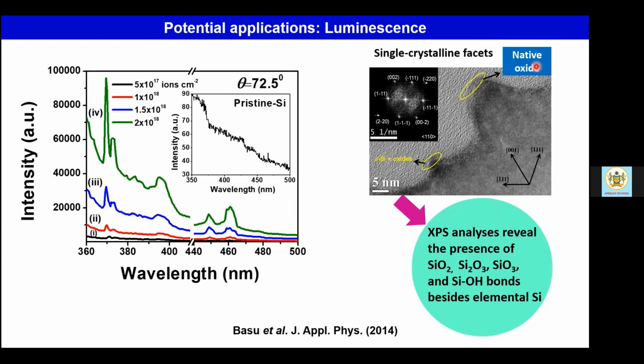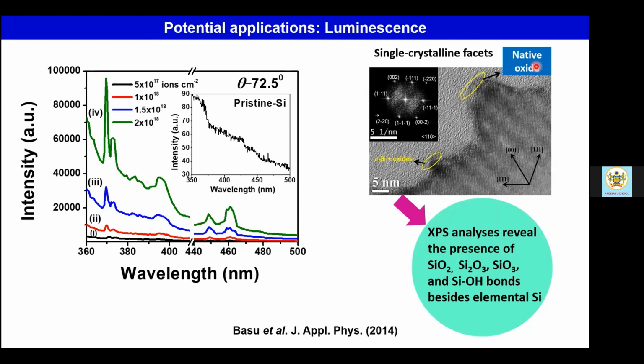It's very difficult, even by transmission electron microscopic studies, to separate out the presence of native oxide-like SiO-related bonds and amorphous silicon. It's very difficult because it's a sub-nanometer situation.